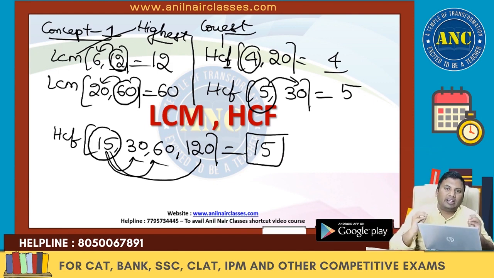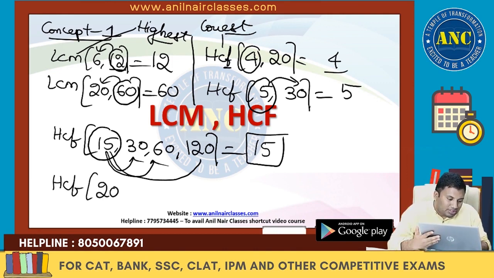What we did in LCM type 1, the same concept holds good in HCF. The only difference is in LCM I will take the largest value, in HCF I will take the smallest value. For example, HCF of 20 comma 60 comma 120.